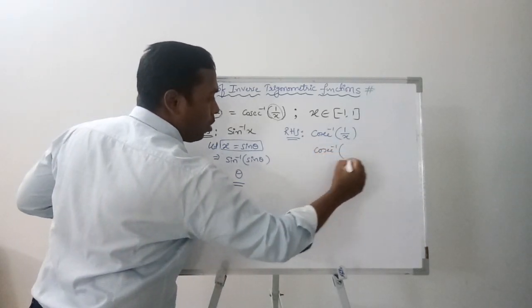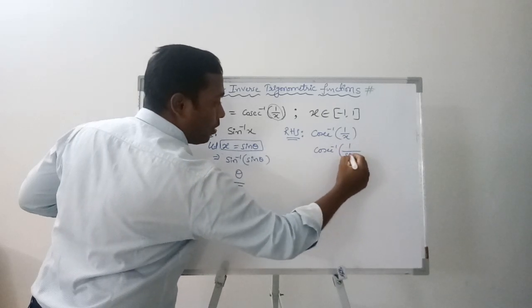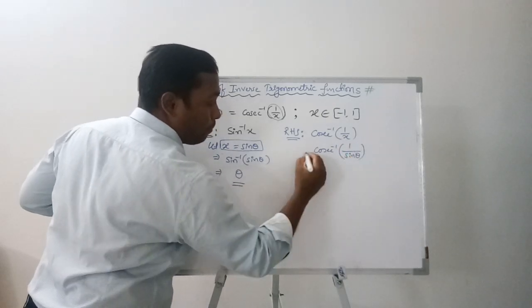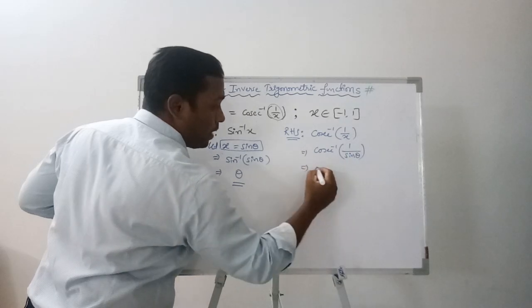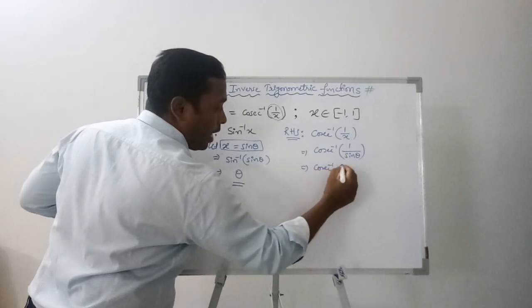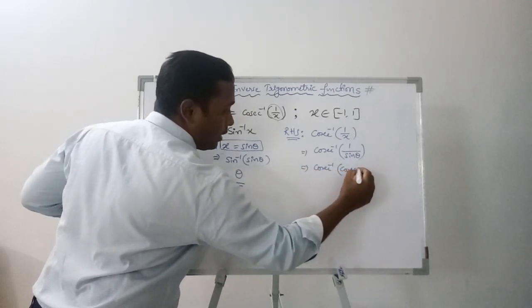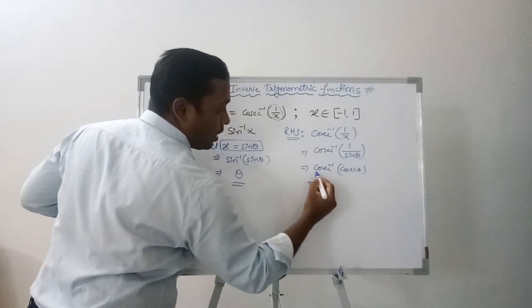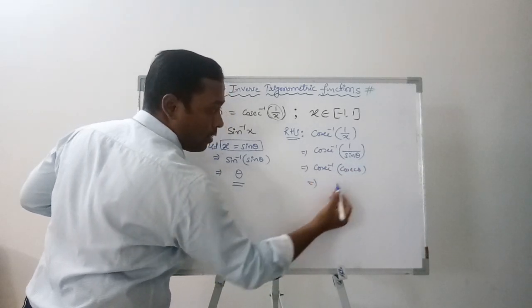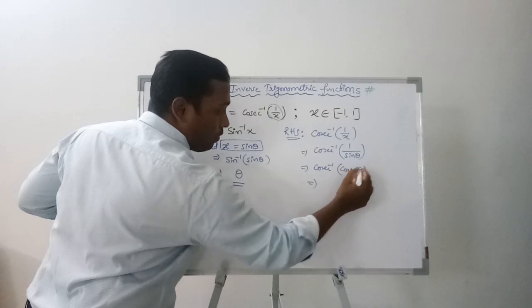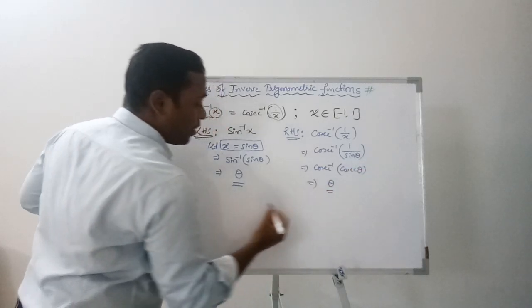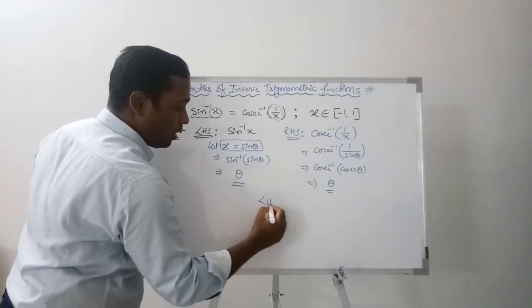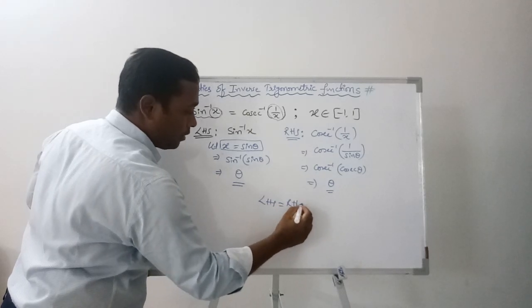Cosec inverse of 1 upon sin theta. As you know, 1 by sin theta can be written as cosec theta, and you know that cosec inverse of cosec x is x. Hence, cosec inverse of cosec theta will be theta. So now you got LHS equal to RHS.